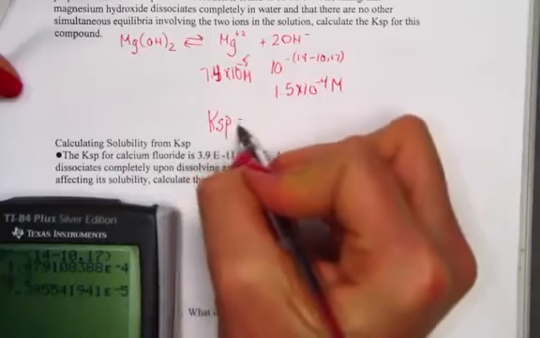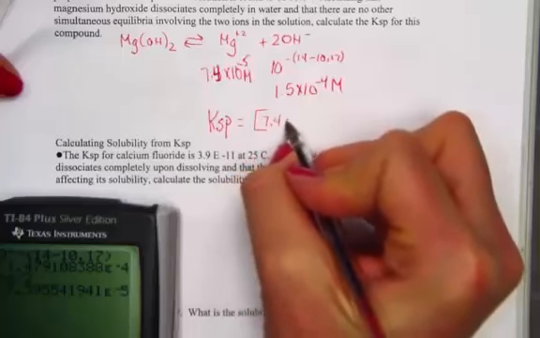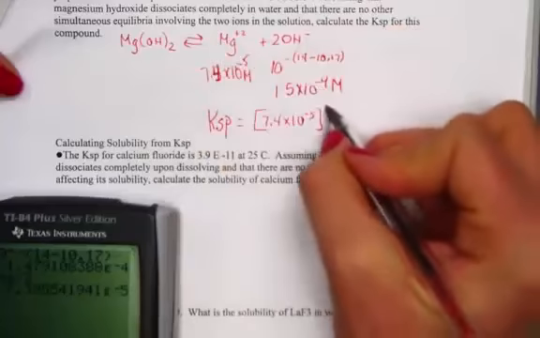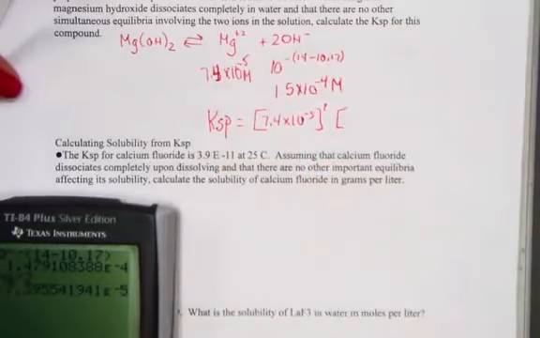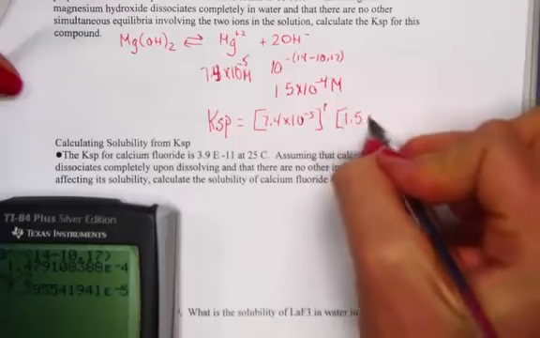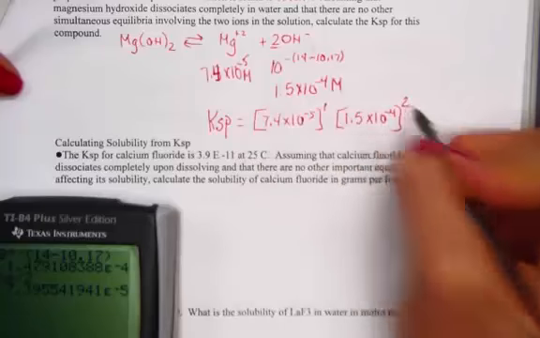The KSP can simply be found by taking magnesium's concentration, 7.4 times 10 to the negative fifth raised to the first power, times the concentration of hydroxide, 1.5 times 10 to the negative fourth. See that coefficient? It will need to be squared.